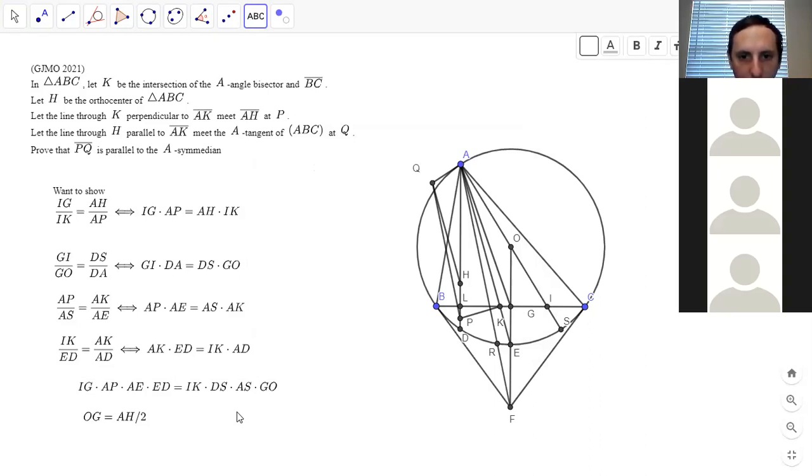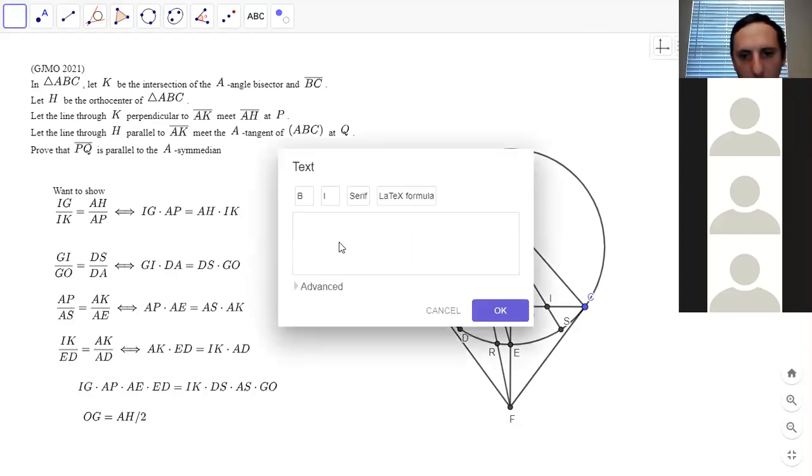What do we do with the ED? Okay, we need to prove that AE times ED is DS times AS divided by 2.